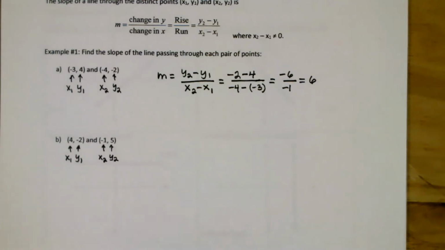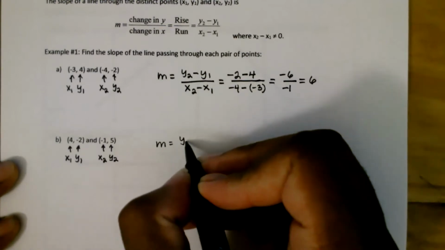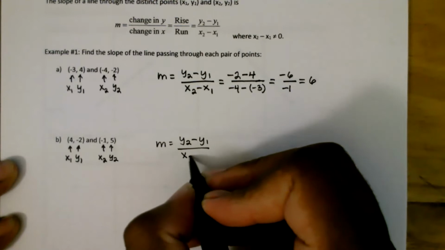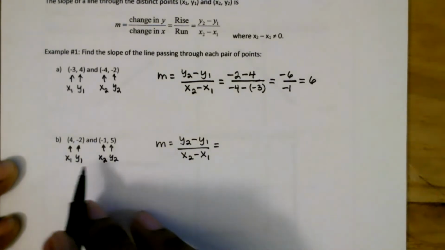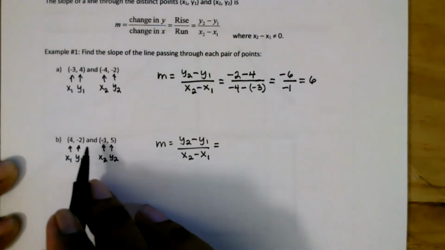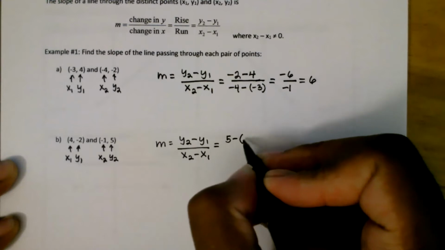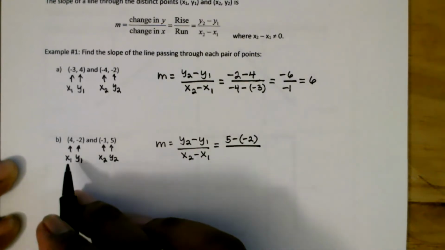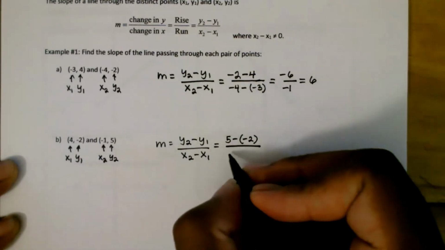Our slope formula is still (y2 minus y1) divided by (x2 minus x1). So y2 minus y1 is 5 minus -2, all divided by x2 minus x1, that's -1 minus 4.